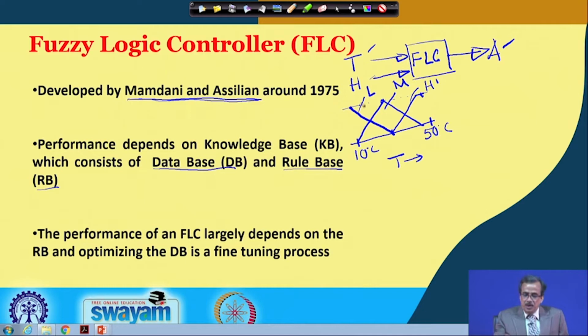So, we have low temperature denoted by L, medium temperature denoted by M, and high temperature denoted by H prime. This is the membership function distribution for the temperature.